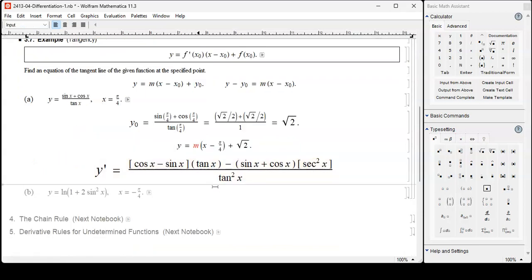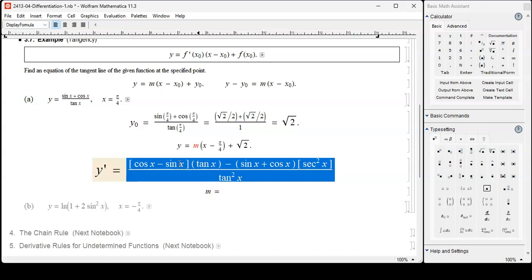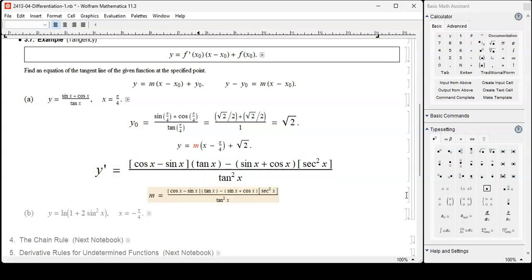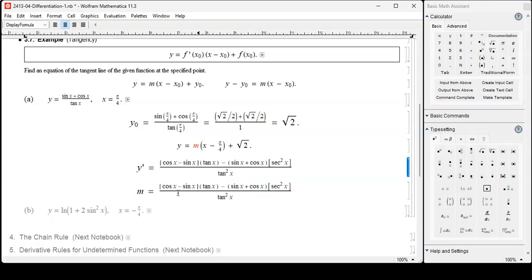Now, let's calculate the slope m. So copy and paste this entire thing. Oh, too small, a bit bigger font. That's a bit too big. Alright, that's about right.